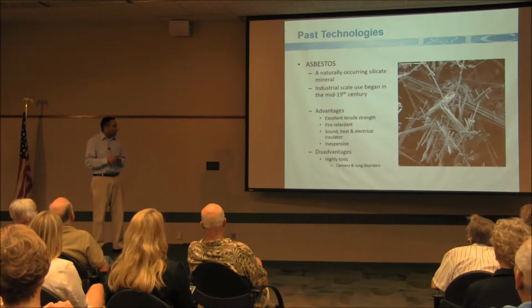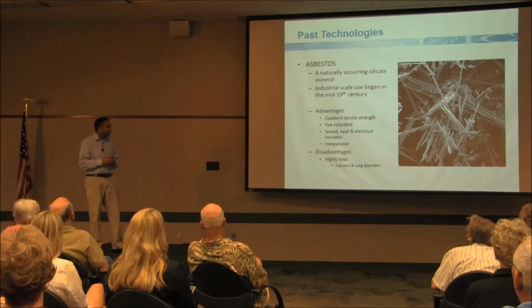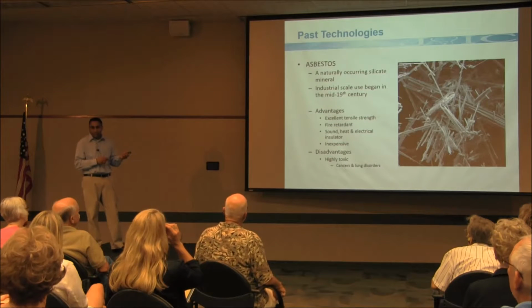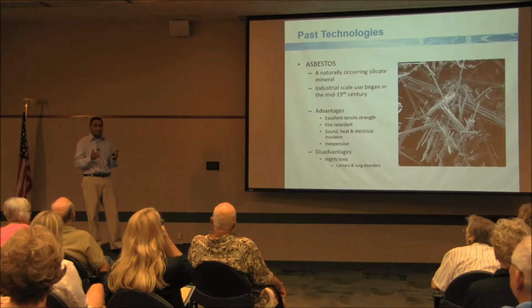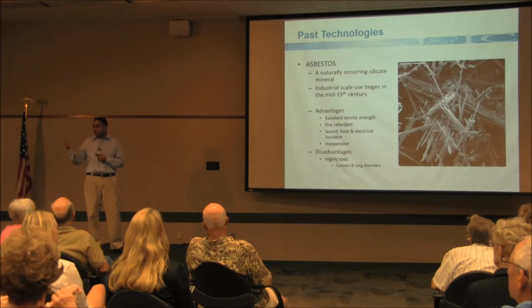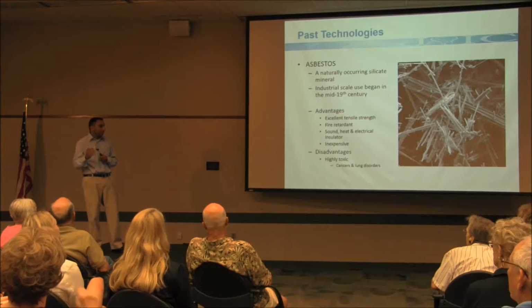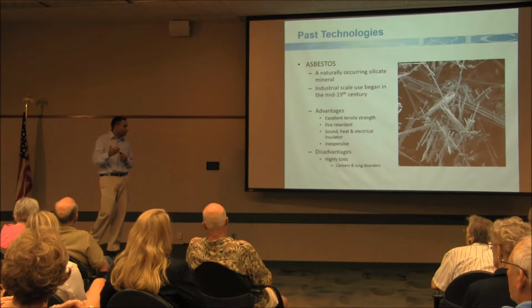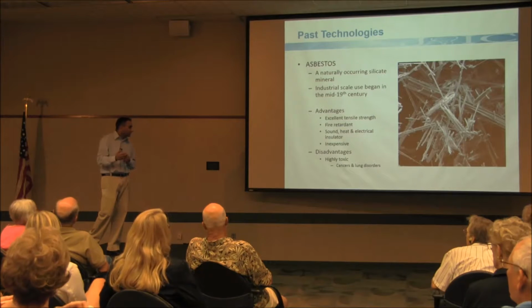It was fire retardant. They were really good insulators of sound, heat, and also electrical insulators. And they were inexpensive. So they got wide use in a lot of different areas, especially in military applications. Every branch of the military also started using these materials.